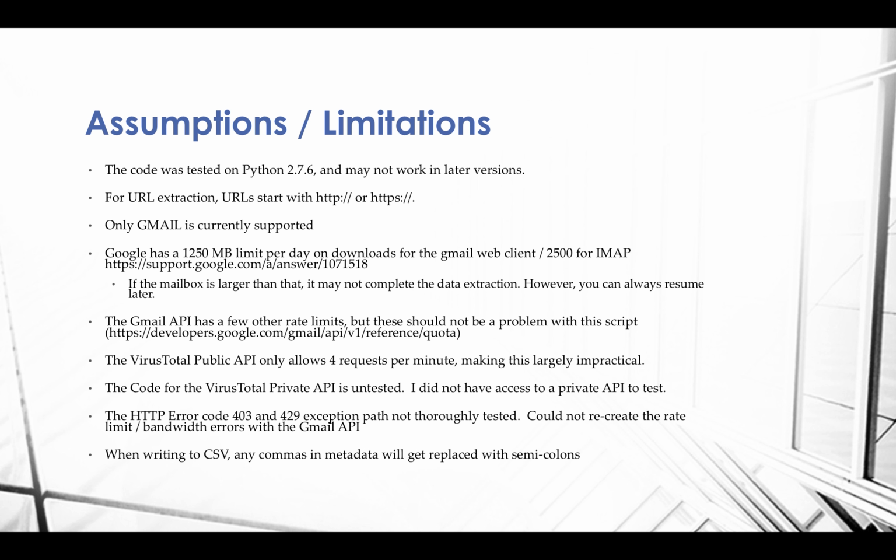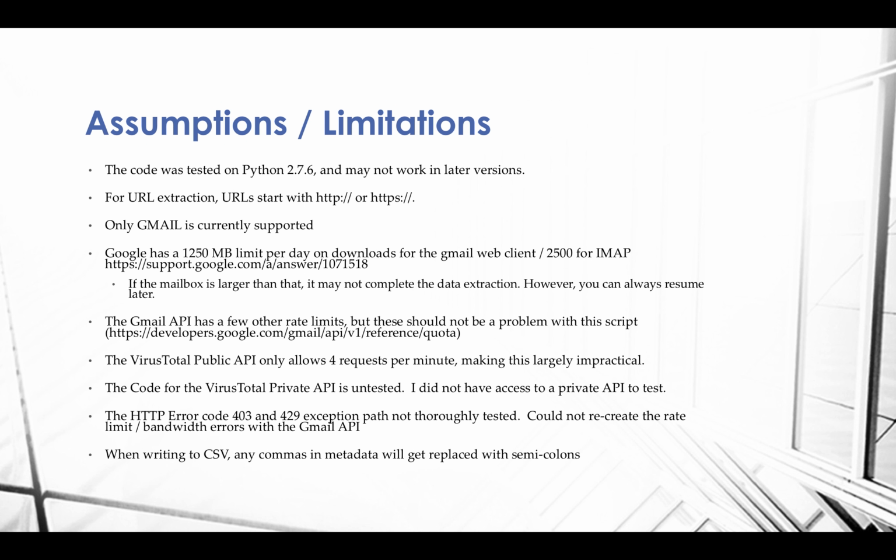The Google Gmail API has a number of restrictions and limits on usage. They range from the amount you can download per day, to the number of requests you can make per second, or throughout a certain period of time. This script doesn't really have any problems with the rate limits.